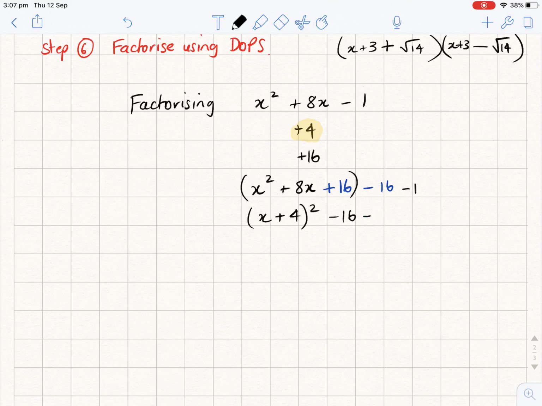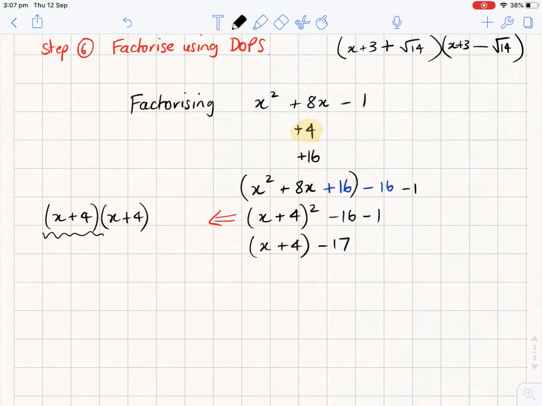Take away 16, take away 1, which is x plus 4 all squared, take away 17. The step that I skipped was looking for two factors, x plus 4, x plus 4. I don't need to write that down. I can jump straight to the square version here.